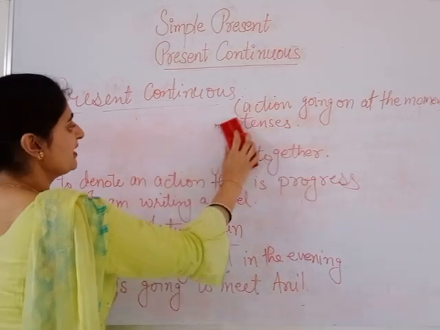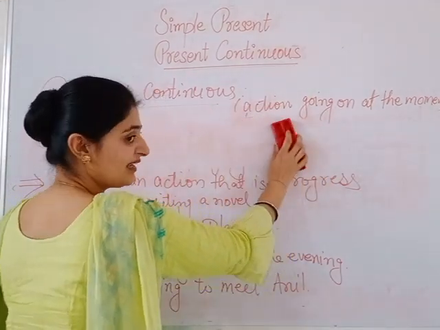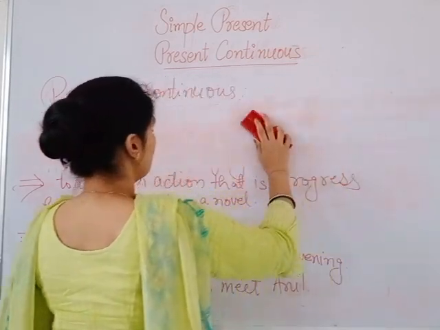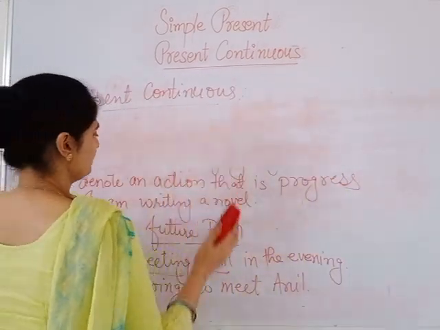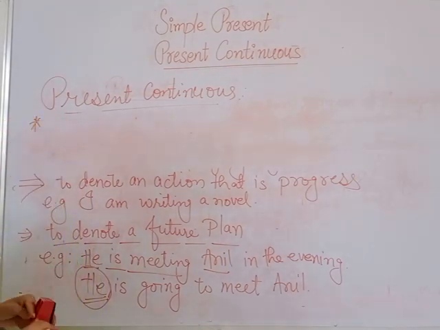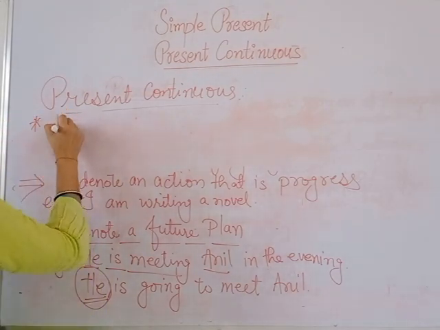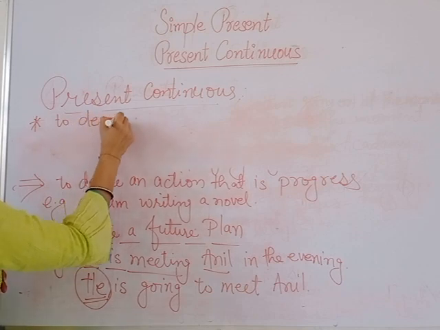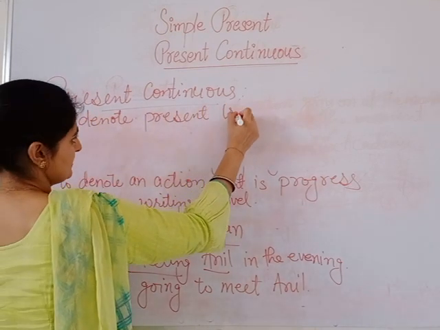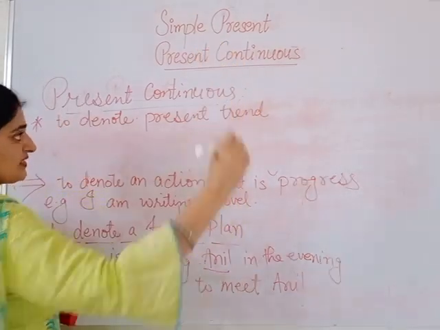Students, I hope that you all are getting my points very well, because I am teaching you in a very easy and well-mannered way. Okay. So the next use of present continuous tense is to denote a present trend, craze, we can say, the thing that is in trend.